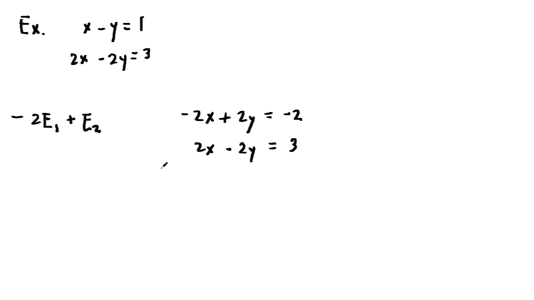Okay, so we're going to add these two equations. I get 0x plus 0y equals 1. And this left-hand side equals 0.